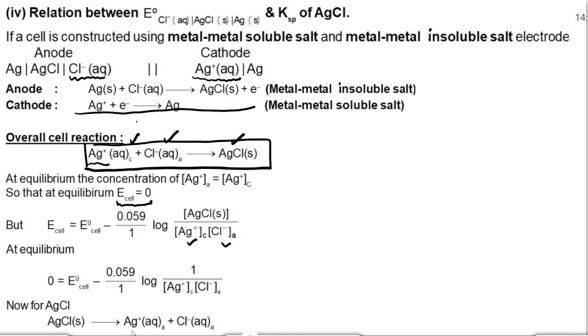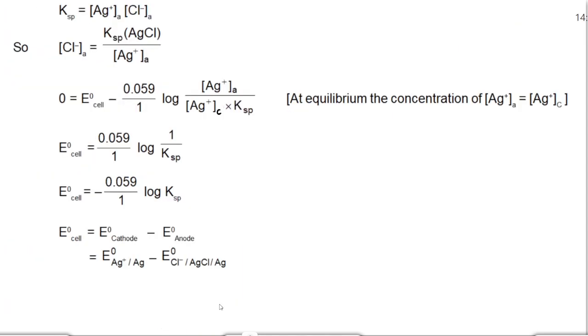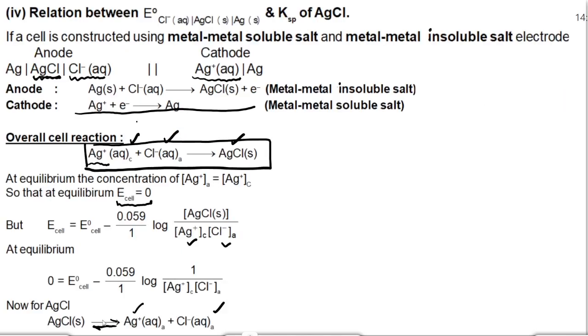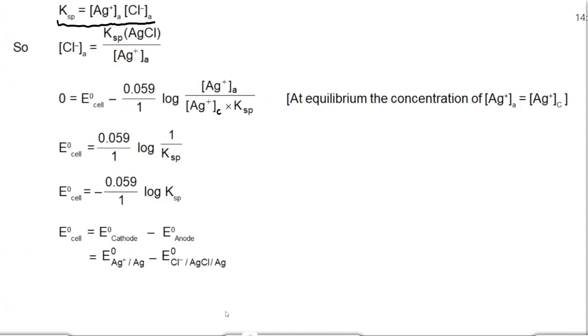Now AgCl solid is always formed at anode only. So to write AgCl solid, we will write it as Ag plus anode, Cl negative also at anode, both are at anode. So in this case we get Ksp. And what is Ksp? Because AgCl is in equilibrium with Ag plus and Cl negative at anode, Ksp is Ag plus anode times Cl negative anode.